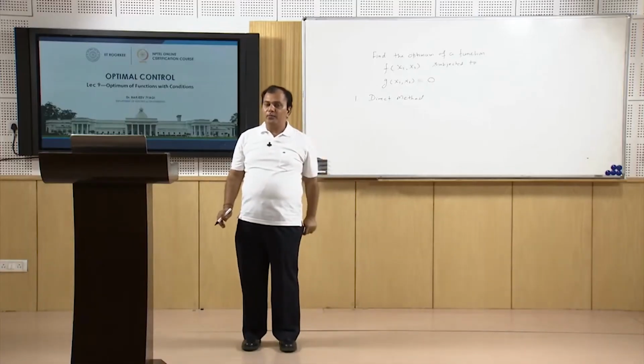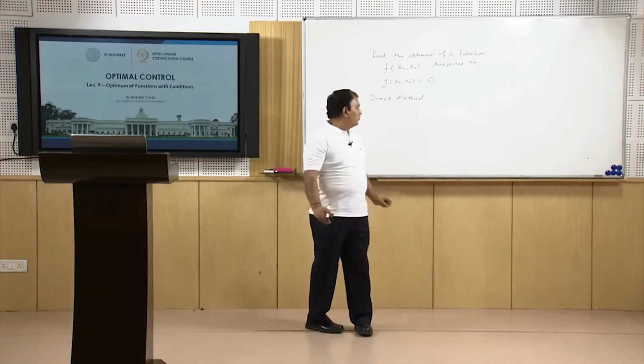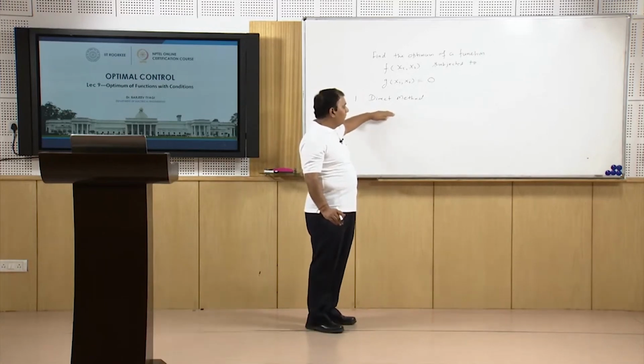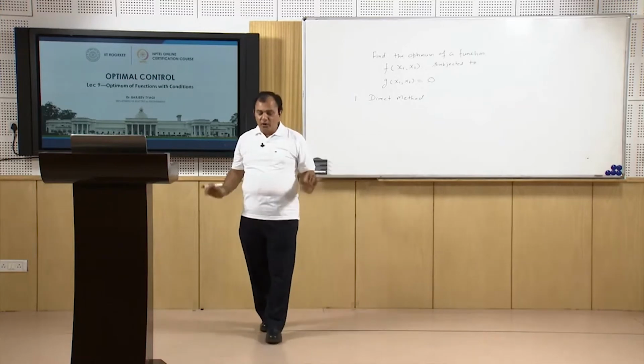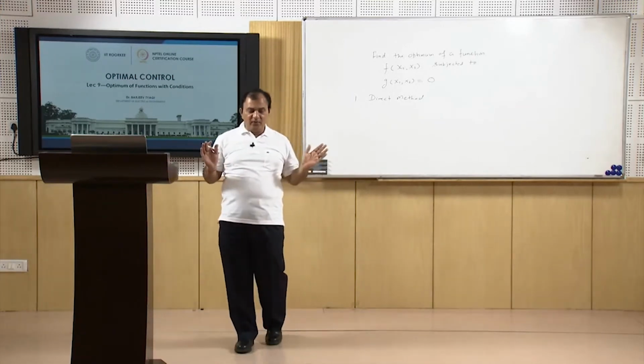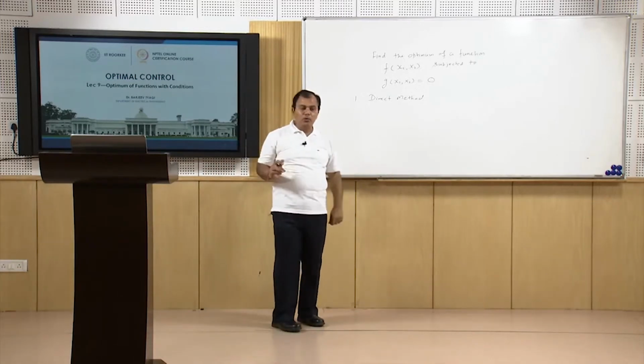So, what we have to do if we have to find out the optimal value of a given function f which is dependent on a single variable? Simply we will say del f by del x equals 0, or as we have discussed previously, the differential of the function must be equal to 0.